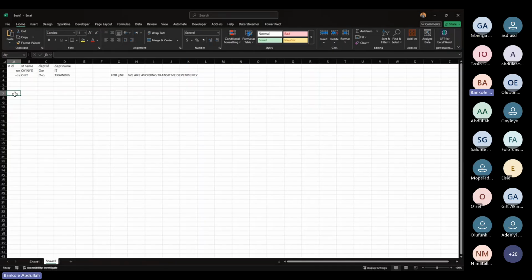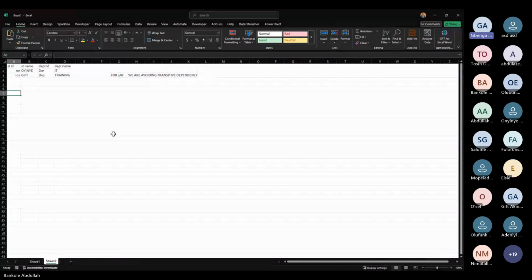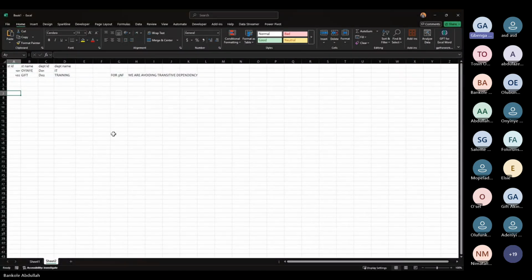So let me explain this transitive dependency again so that we understand what we are about to do. It happens when a non-key column depends on another non-key column instead of directly depending on the primary key. So now can somebody tell me? Let me call a name. Juliet. Yes, please answer, sir.